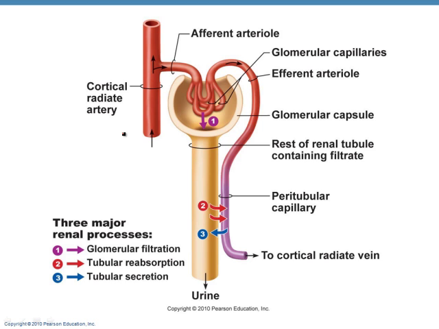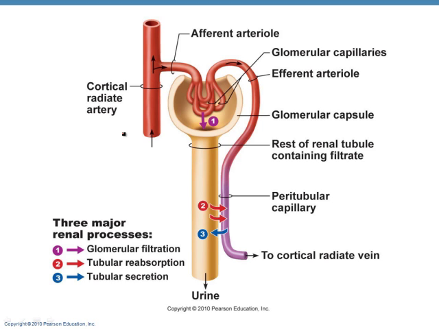And then everybody's going to go back to normal into the major circulatory system again. And the things we put back is a process of tubular secretion. So the whole thing is glomerular filtration, tubular reabsorption, and tubular secretion.